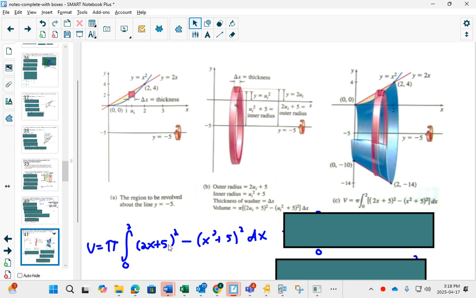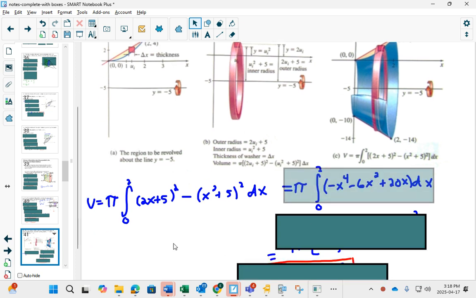The bigger radius is going to be the 2x plus 5, because you added 5 to your radius by rotating it down here. And your little radius is the x squared, also plus 5. Those both get squared, so our plus 5s don't just cancel each other out. You actually have to multiply these things out and simplify.